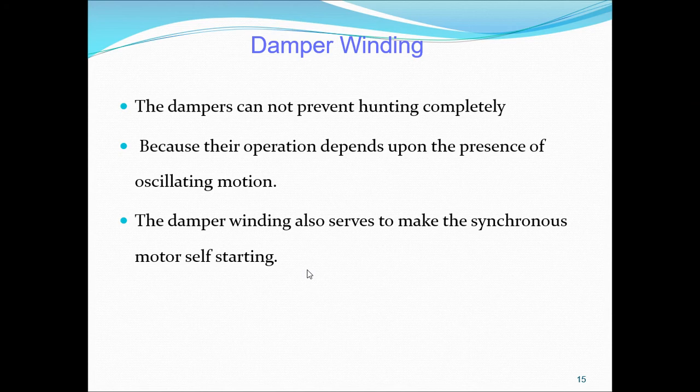Not only does it reduce the hunting, it is used to make the motor self-starting. So when we cover the topic of starting methods of synchronous motor, we can have this method, damper winding, to make the motor self-starting.